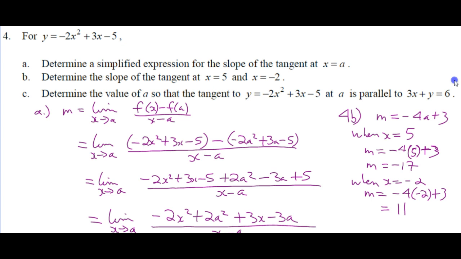Okay, and then one last one, which we'll do on a separate page. Determine the value of a so that the tangent to y equals negative 2x squared plus 3x minus 5 at a is parallel to 3x plus y equals 6.